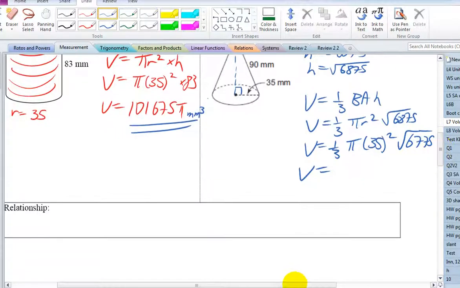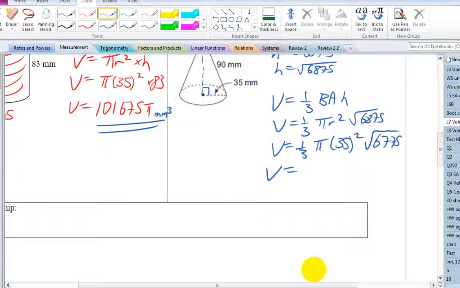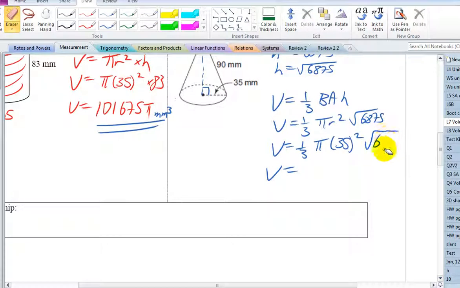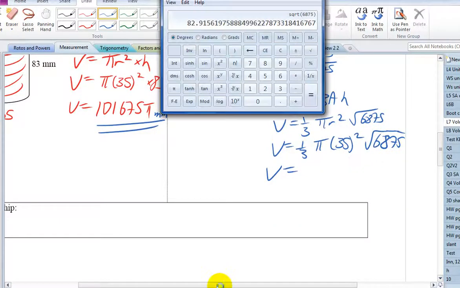Okay. So now, if I square root this 6875, I get a decimal. So what we're going to do now is go to our calculator.